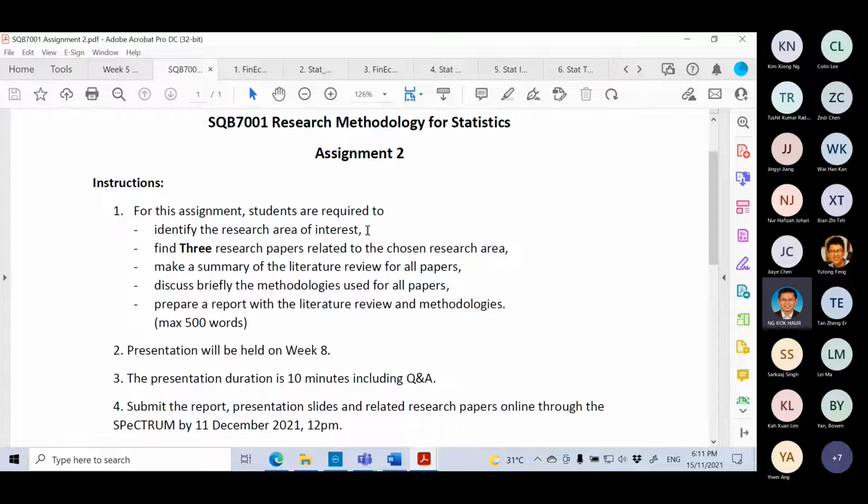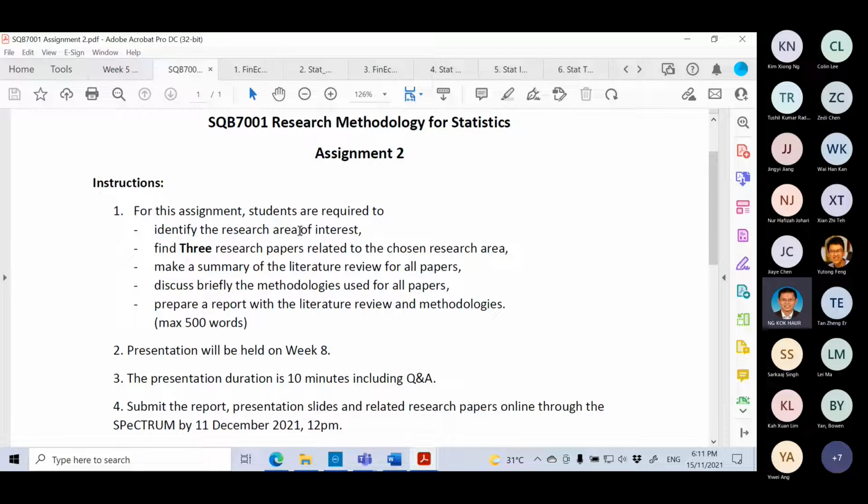This will save you a lot of time finding the materials. So the first step is to identify the research area of interest. For example, if you wish to work on medical, specifically the COVID-19 disease, you just take out 3 related papers in that particular area.